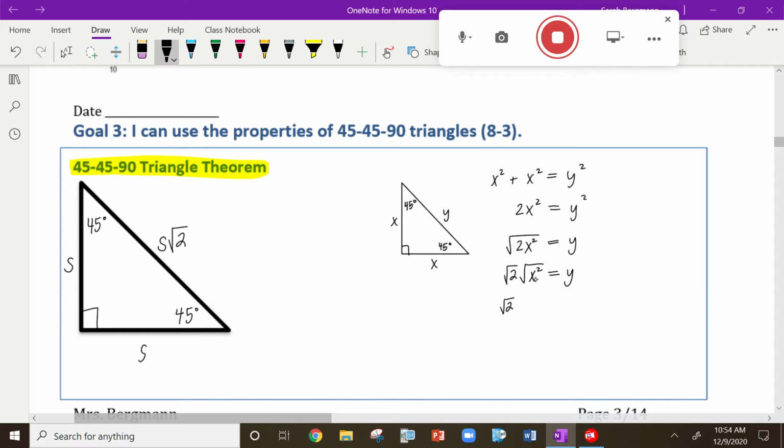However, the square root of x squared, the square root and the square cancel out. So I end up with square root of 2 times x. I'll rearrange this to make it x radical 2 equals y, and you'll notice that's where that comes from on the hypotenuse. You will never have to recreate this proof for me, but you do need to know these side lengths.